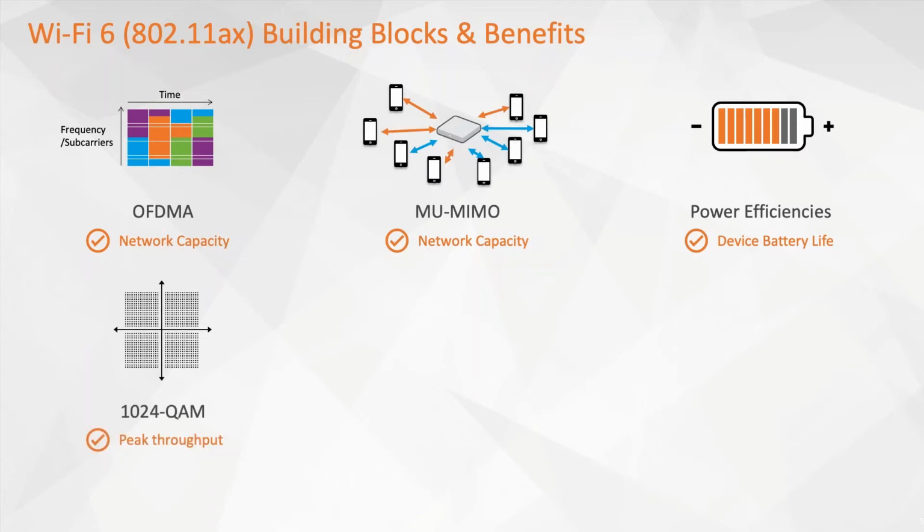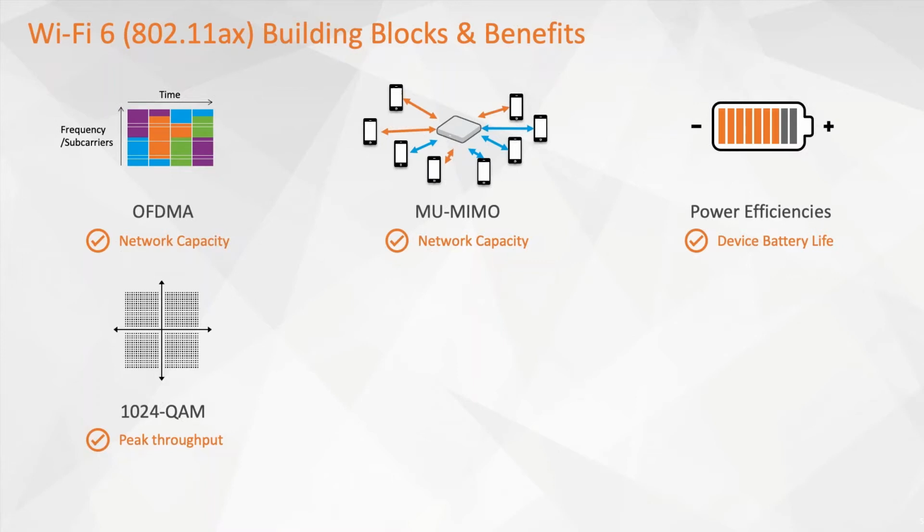Next is QAM. I'm not going to try to explain the details of QAM to you, but this is throughput. This is up until now how we got faster for the most part from generation to generation. If you think about radio waves for Wi-Fi, in a 5 gigahertz signal, you have 5 billion waves per second.